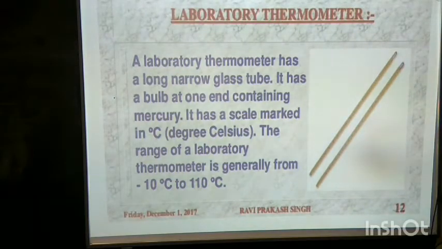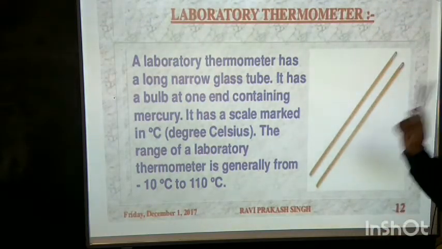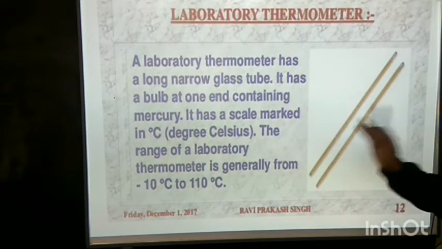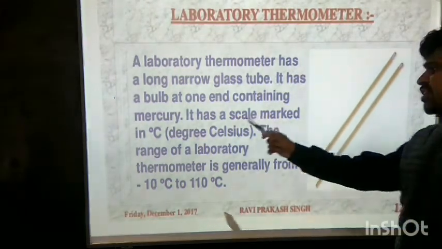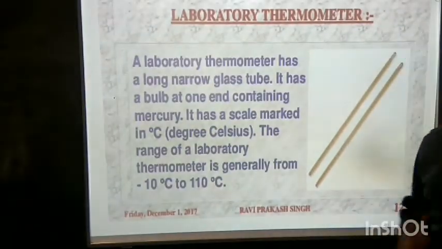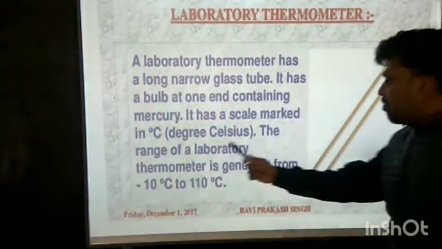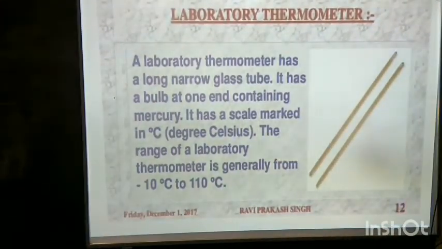Clear? Regarding the construction also, it contains a long, narrow glass tube with a bulb at one end containing the mercury. It has a scale marked in degrees Celsius, the same as in the clinical thermometer, from -10 degrees Celsius to 110 degrees Celsius.